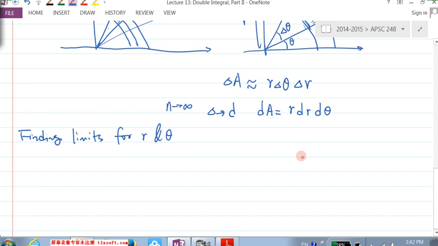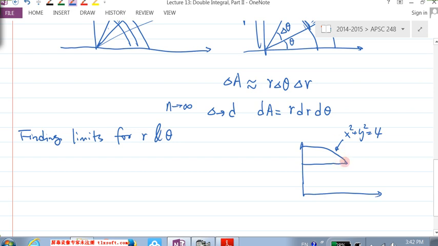Here I'll use this sample region for illustration. Suppose that I have a region R like this. Region R is bounded, on the most outside, by part of the circle x squared plus y squared equal to 4.